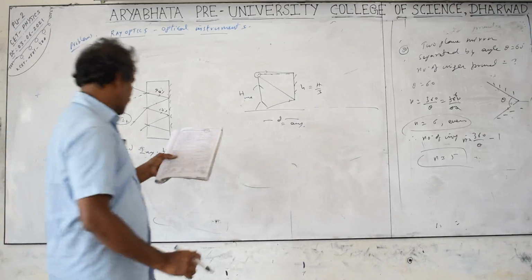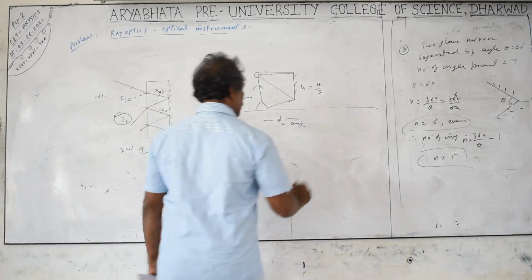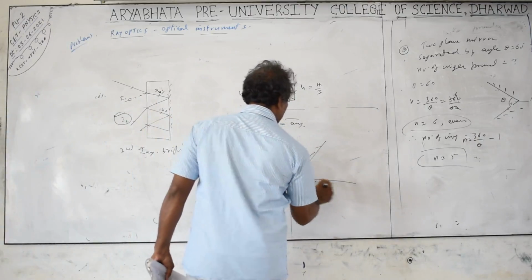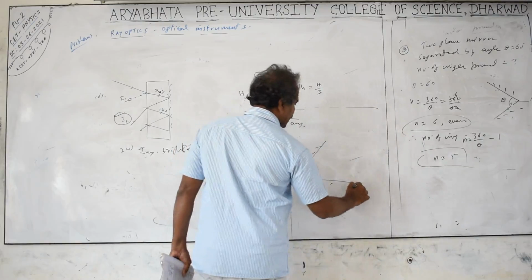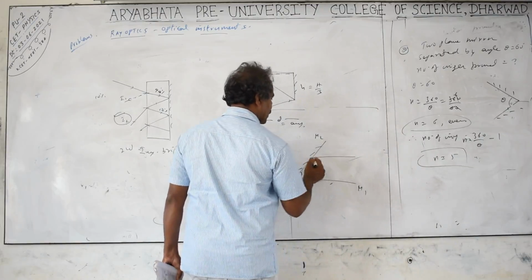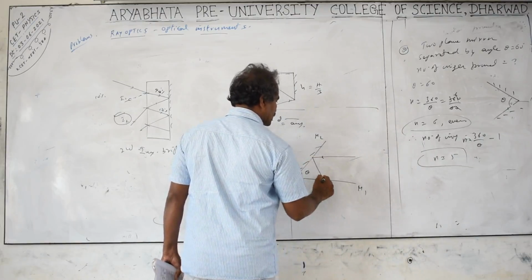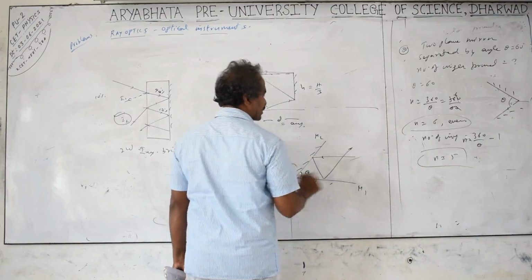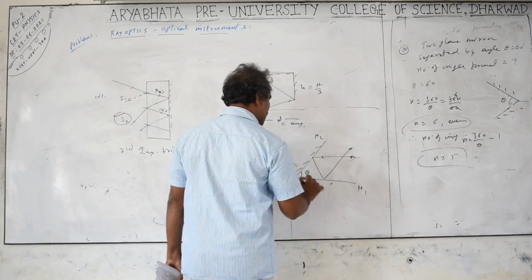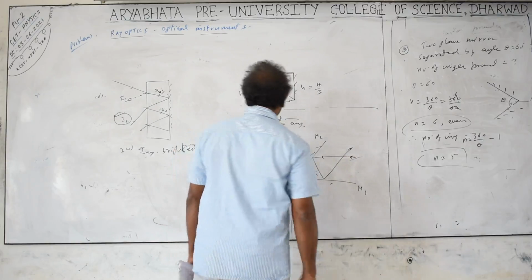Next condition: if you take two mirrors inclined by angle theta, let's say the mirrors are M1 and M2, and a light ray coming parallel to one mirror, after reflection from the two mirrors comes out parallel to the second mirror, then the angle between the two mirrors is compulsorily 60 degrees.